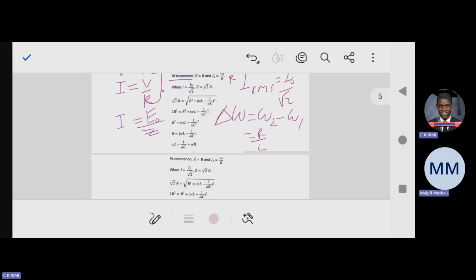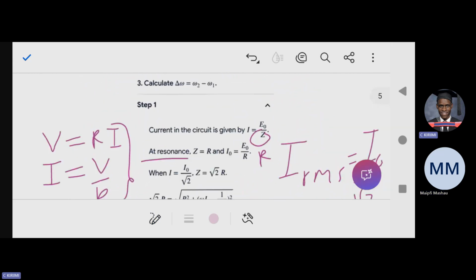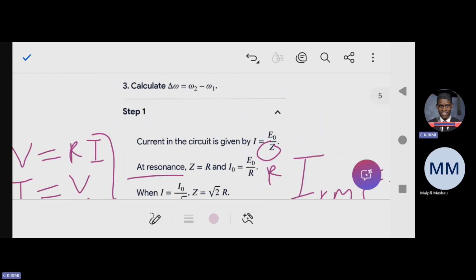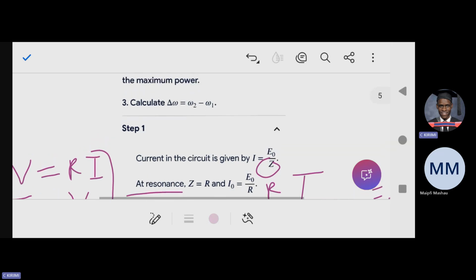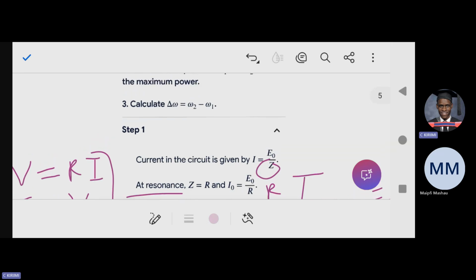So we are starting here: current in a circuit. You start by the definition of current in a circuit. That is your starting point here.